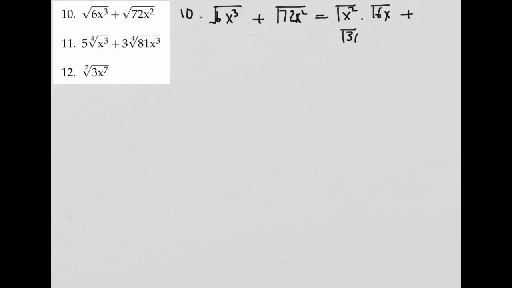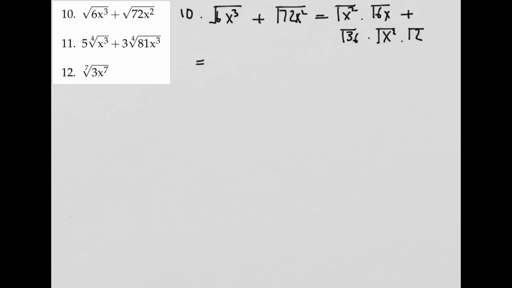Example 10, square root of 6x cubed plus the square root of 72x squared. That's equal to square root of x squared times the square root of 6x plus square root of 36 times square root of x squared times square root of 2.